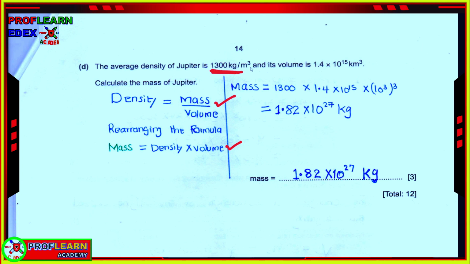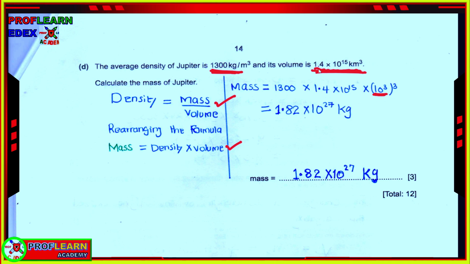1300 kilogram per meter cubed, but the volume is not in the good unit. It's not okay. We have to convert this to meter cubed. So we are going to take kilometer, we write 10 power 3 because 1 kilometer is equal to 1,000 meters, which is 10 power 3. Now since kilometer is cubed, we are going to cube that.